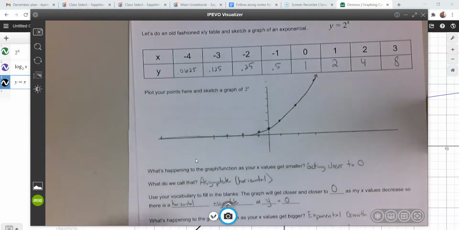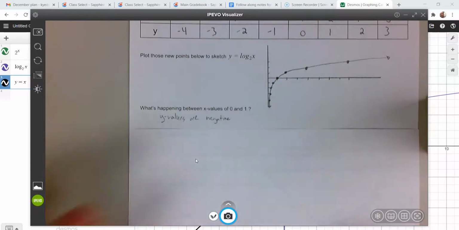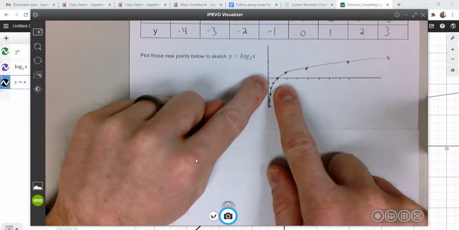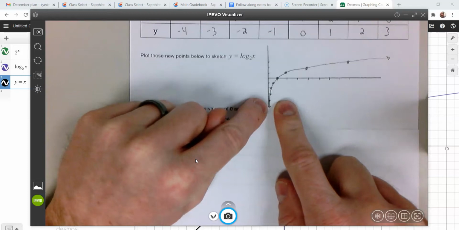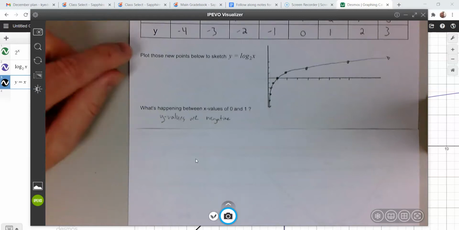Well, all I do is switch x and y. So if all the x values are between 0 and 1, all my y values are negative. So anything less than 1, so half, a third, 0.621, we're going to get a negative value for my y when it gets kicked out.